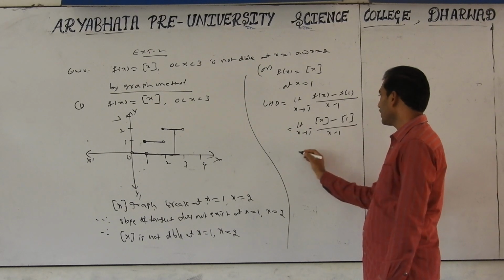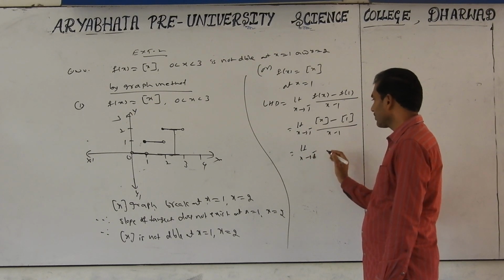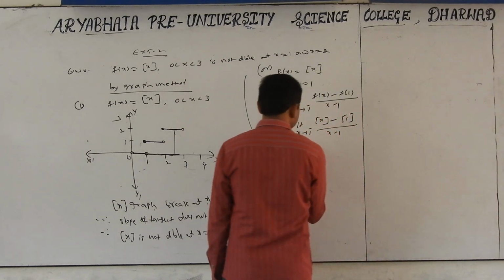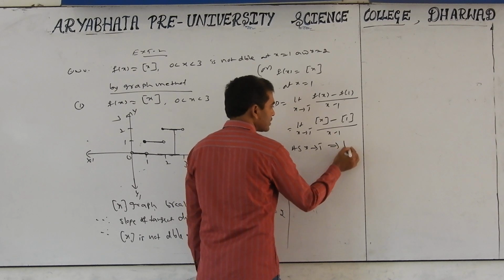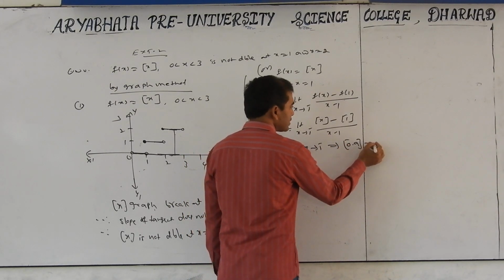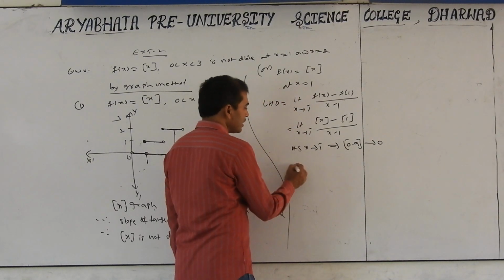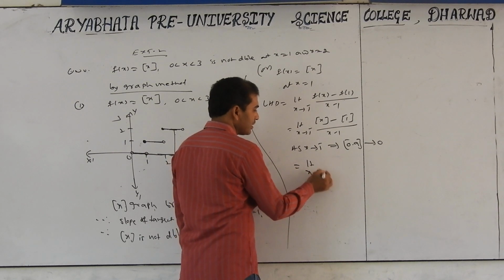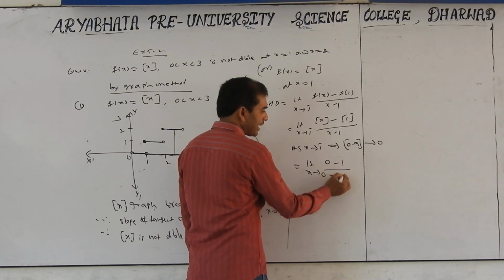Below 1, if you take x tends to 1 minus, then step x, below 1, step of 0.9, tends to 0. Okay, this is limit of x tends to 1 minus, 0 minus 1, since step of 1 is 1, by x minus 1.